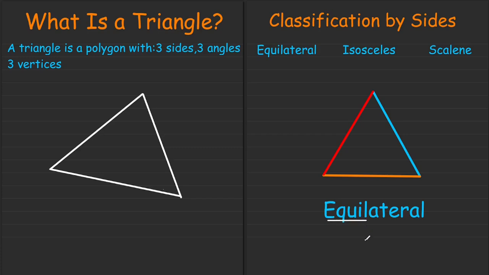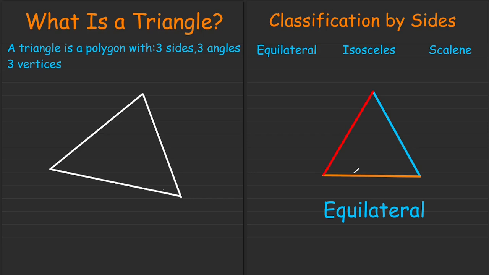Equi here simply means equal, and lateral simply means lines, so we are talking of equal lines. We can simply say an equilateral triangle is a triangle with all of its sides equal. What we mean by all of its sides being equal is that this red line here is equal to the blue line, and it is also equal to this yellow or golden line we see over here.